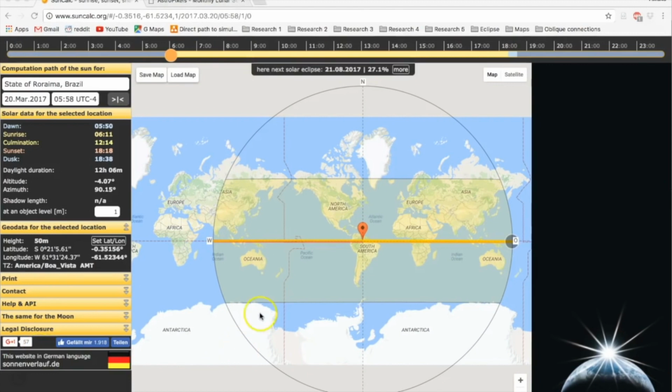So here's the problem. On the equinox, the sun rises 90 degrees east and sets 270 degrees west, not just at the equator, but everywhere on Earth. So here we are at suncalc.org. I've got it set close to the equator here, and you can see that the path is coming up from the east.